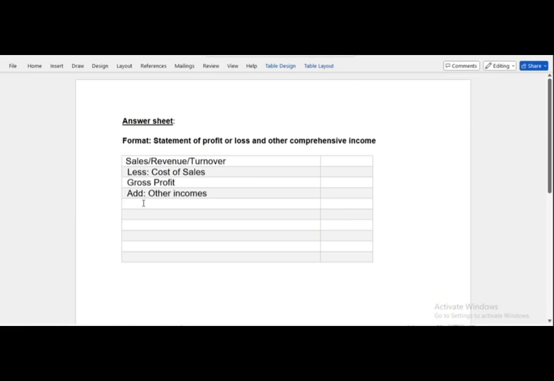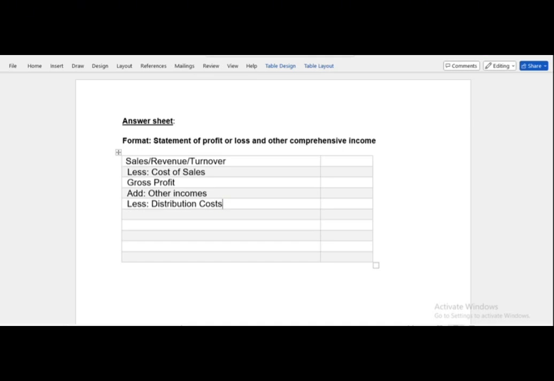And then after that, you are going to less distribution costs or expenses. These are known as distribution costs or expenses, right?